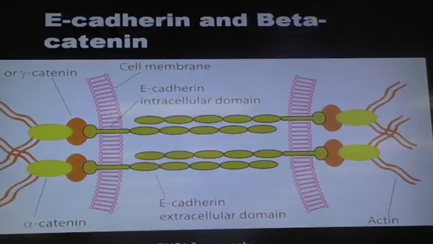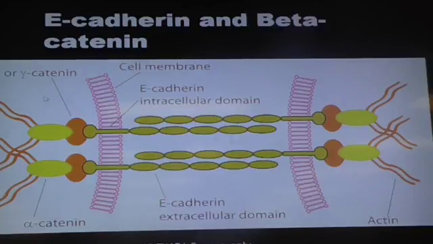I put this in here because I think it's important to at least be familiar with this complex, which is responsible for cell-to-cell adhesion. Have y'all heard of E-cadherin and beta-catenin? Okay. So I just wanted to put this diagram up there. Essentially, in order for the cells to dissociate, this bond has to be broken.